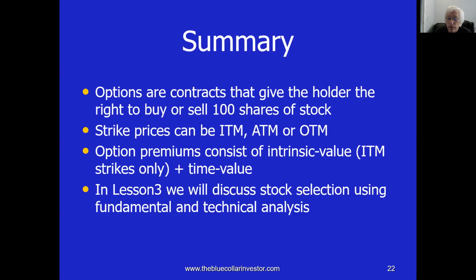Option premiums consist of intrinsic value plus time value, but only in the money strikes have an intrinsic value component to them. The example we gave for that was the stock trading at 56. We sold the 50 call for 8. So the intrinsic value was $6. The amount to strike was lower than current market value. And the actual time value profit then is 8 minus 6, or $2.